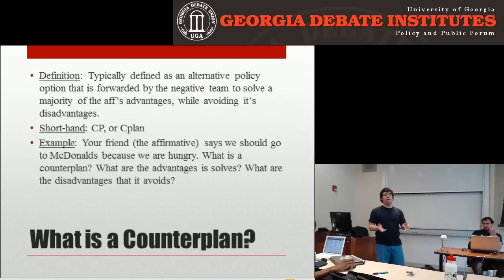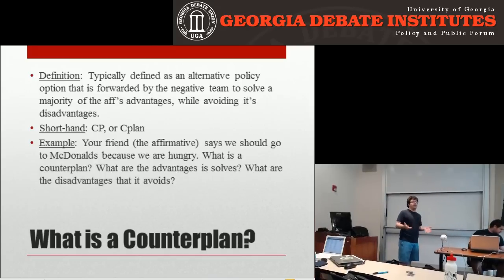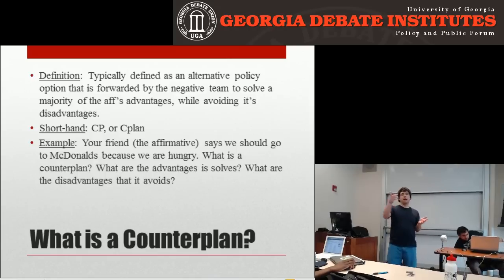So what would be a common counterplan for that? Let's start. Go to Chick-fil-A. Literally any restaurant could fulfill your hunger. So the advantage that it solves is hunger. What would be some disadvantages that going to Chick-fil-A over McDonald's avoids? Healthier?